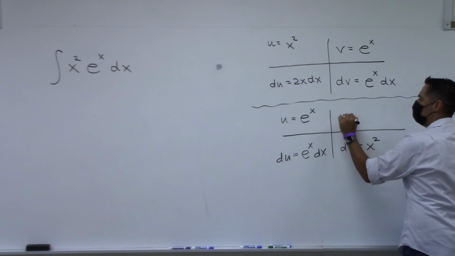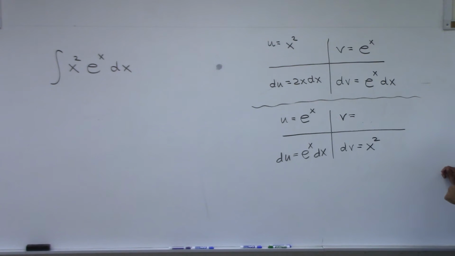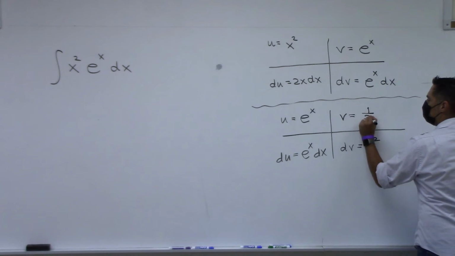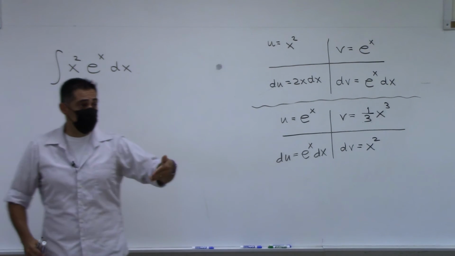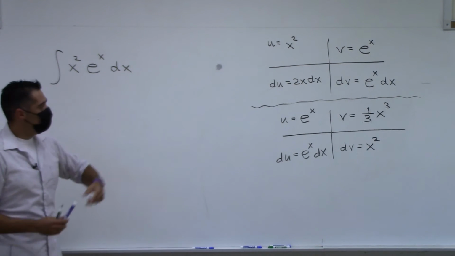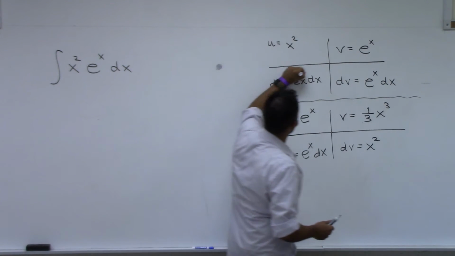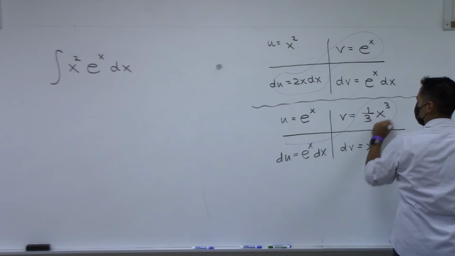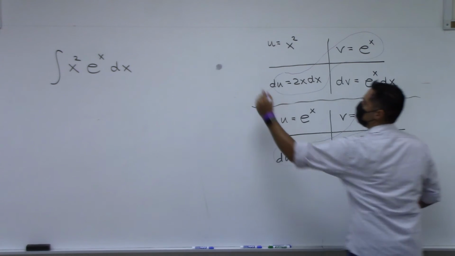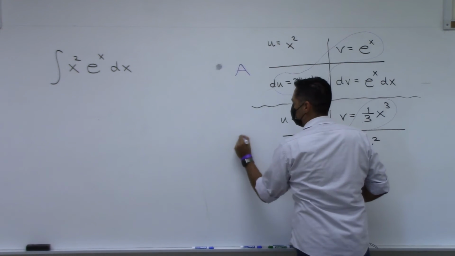Careful, antiderivative. 1/3 x cubed. So now, thinking about voodoo, we have this one and we have this one. Let's say this is option A, and this is option B.